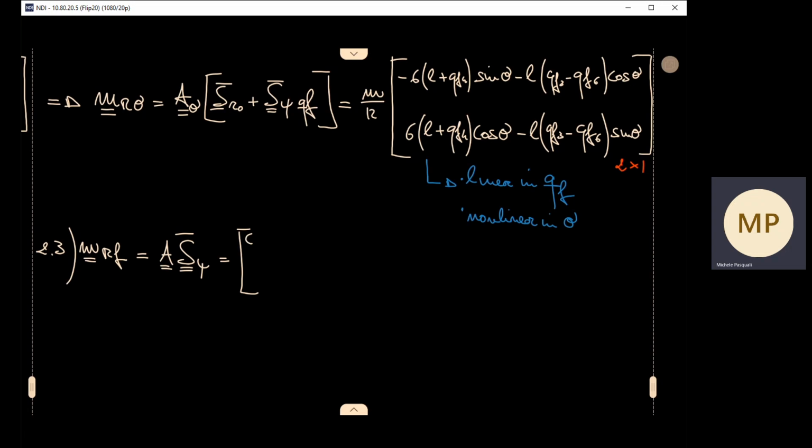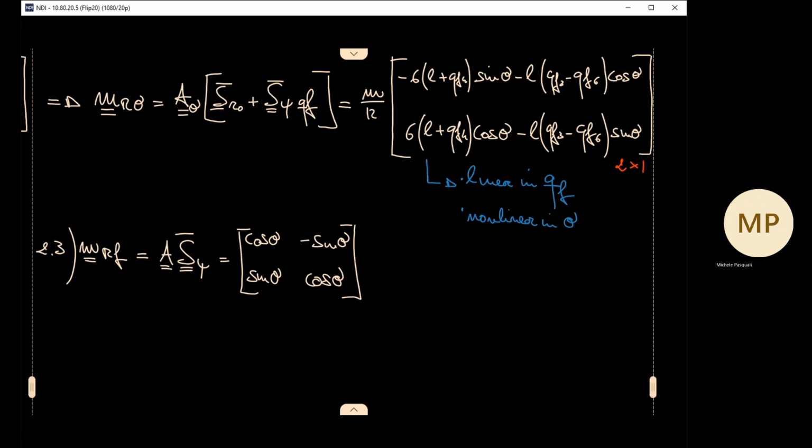Our A is just cosinus of theta, minus sinus of theta, sinus of theta, cosinus of theta. And this is A, the rotation matrix of a rigid body in the 2D case, times the second term that we have just derived, which was something of this sort.